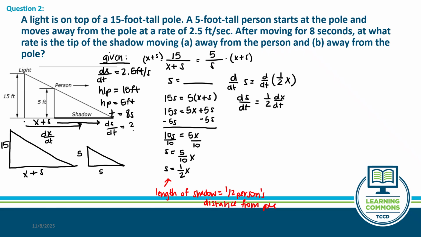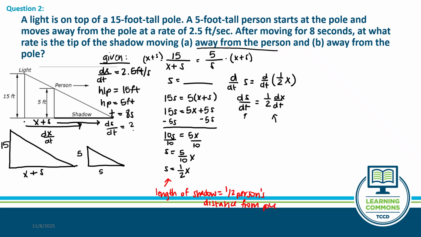So to find the rate of the tip of the shadow moving away from the person, I am going to plug into this formula. So that's ds dt. That's how fast it's moving away from the person.